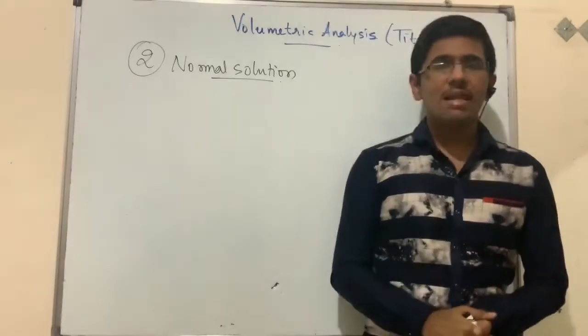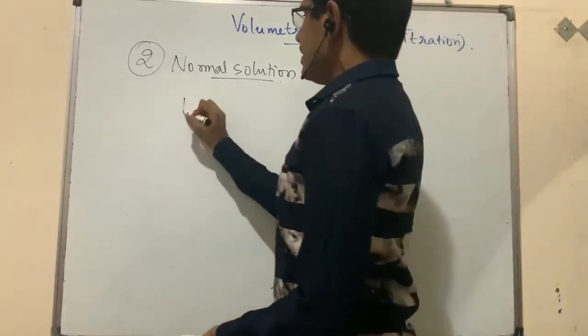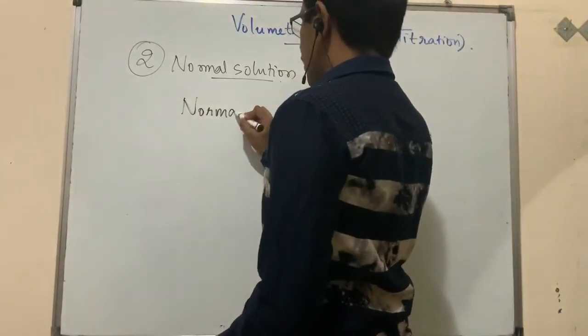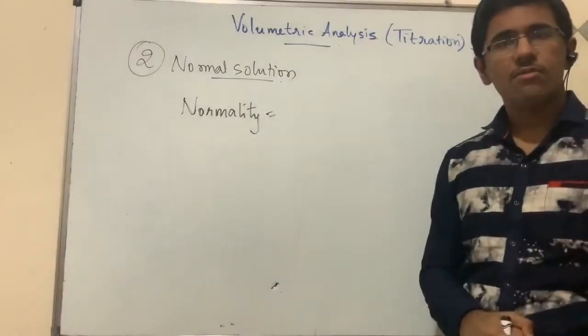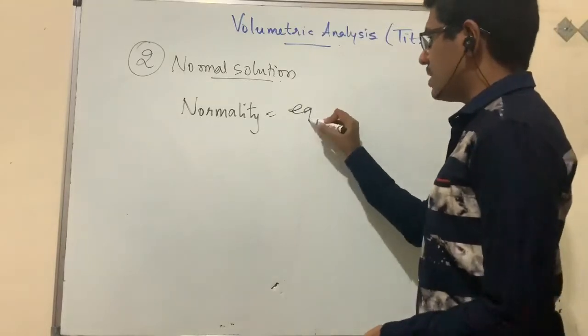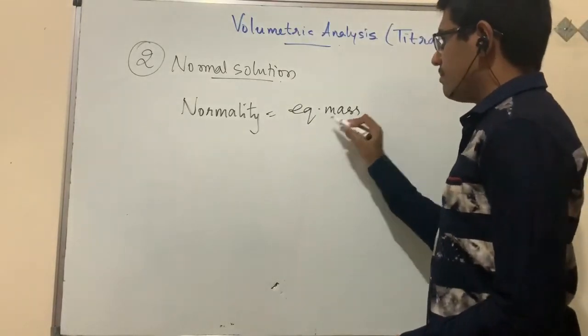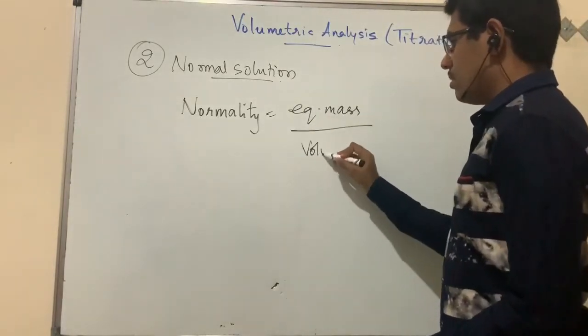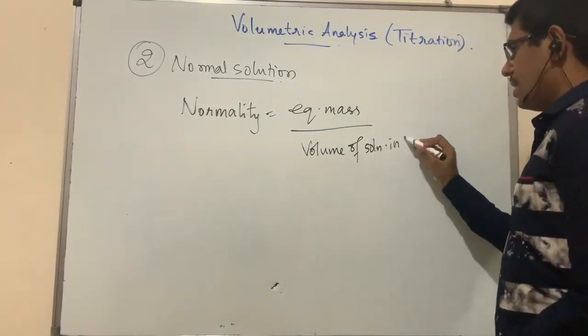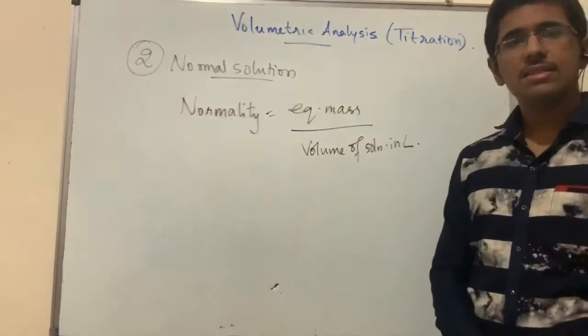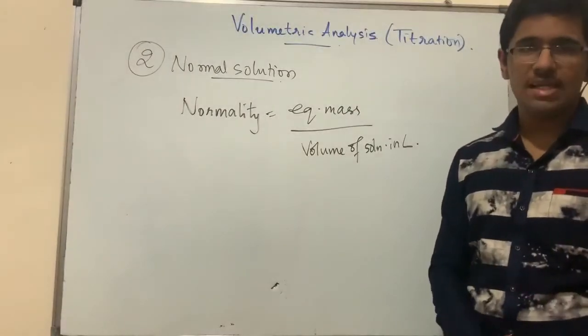Normal means normality. What is the formula of normality? Normality is defined as equivalent mass per unit volume of solution in liter. This is the standard formula of normality.